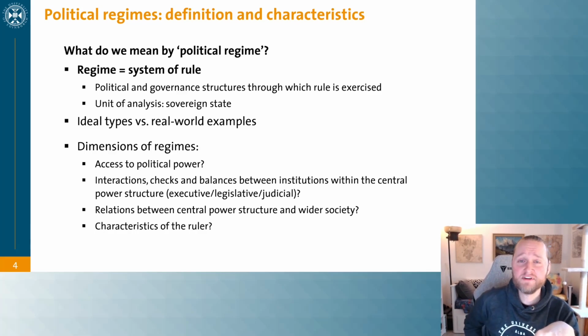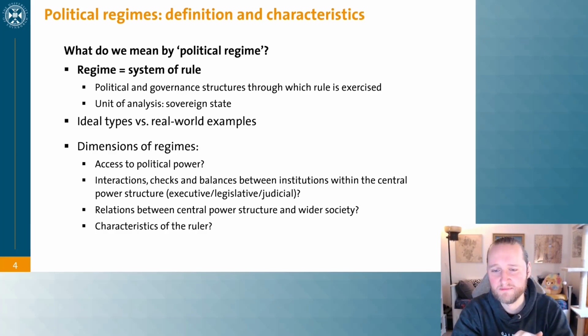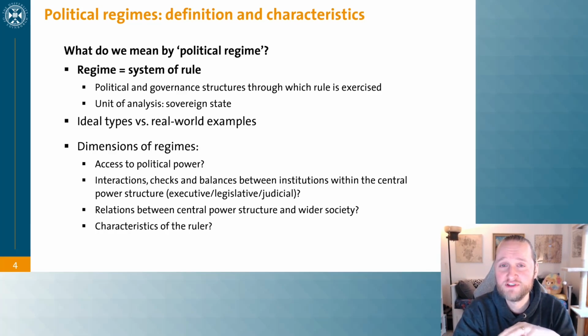So how do political regimes vary in this particular way? How are the interactions between different parts of the political system set up? The third possible distinguishing factor between regimes is how the relations are between the central power structure and wider society. Is this largely a consensual process, or is this a process, for example, where the central power structure can demand certain things to happen and wider society has to fall in line?